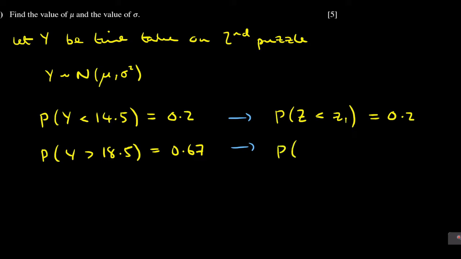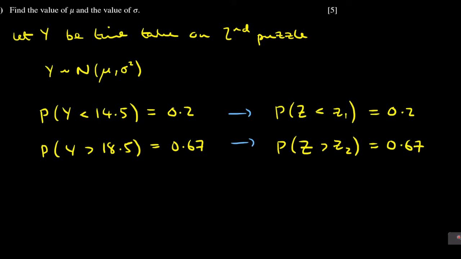And the probability that Z is greater than some other value, Z2, is equal to 0.67. So we want to convert our problem into the Z domain because then we've got the tables of data that enable us to do that. So we want to find this value of Z1 and this value of Z2 because it's going to correspond to the 14.5 and the 18.5.